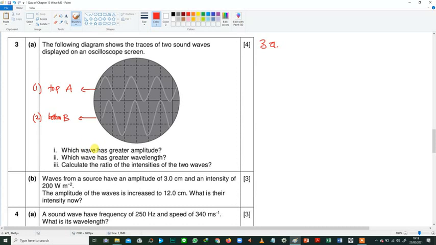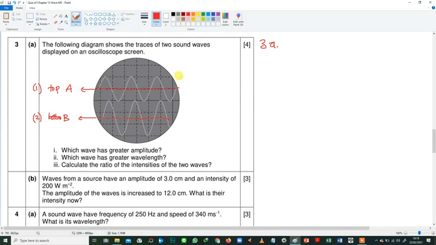Now which wave has greater amplitude? Remember, amplitude is the maximum displacement from equilibrium. So find the equilibrium first. This is for the first wave, it's the equilibrium. And the second wave, I think the equilibrium must be from here.